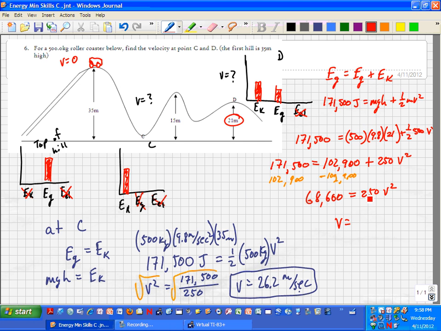So v is going to be equal to, I divide both sides by 250 and square root both sides. I get the square root of 68,600 divided by 250.